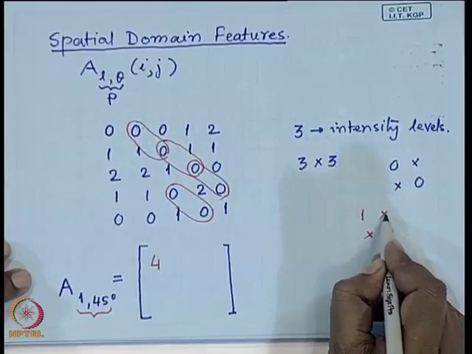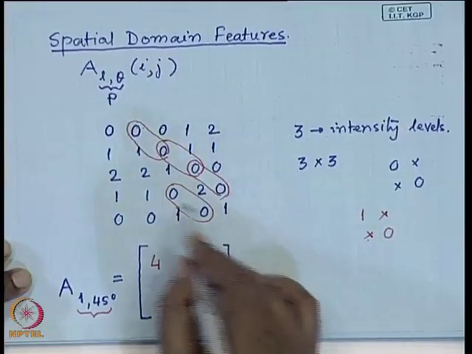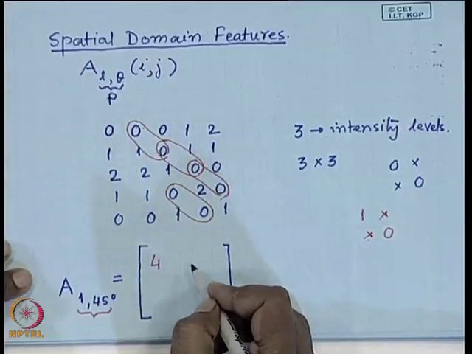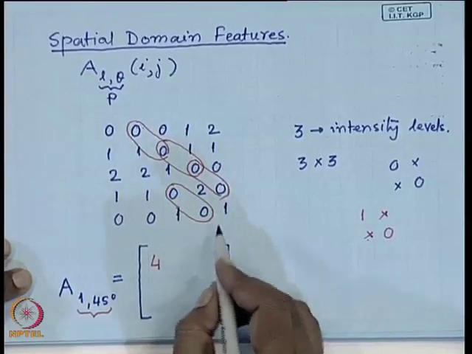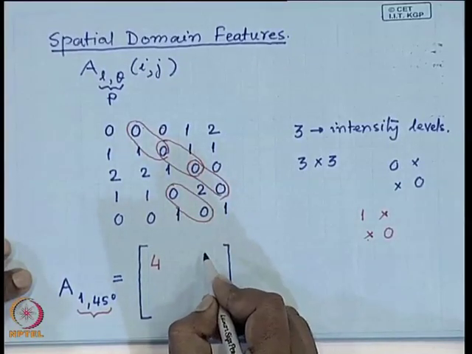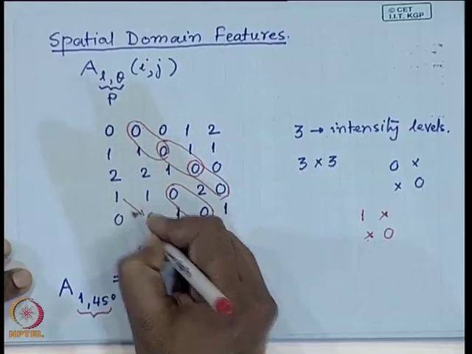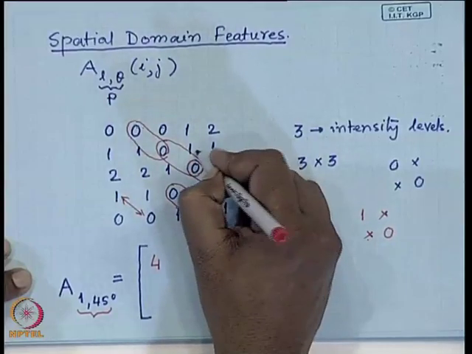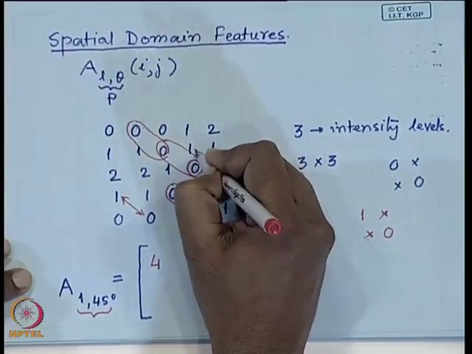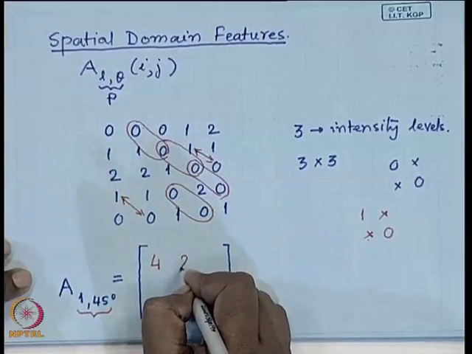Whatever be the value of these 2 is immaterial to me. So how many such occurrences do I have within this image? 1 0, 1 is over here, and 1 0 with 1 over here. So this value will be 2.